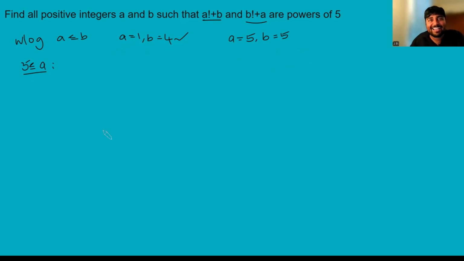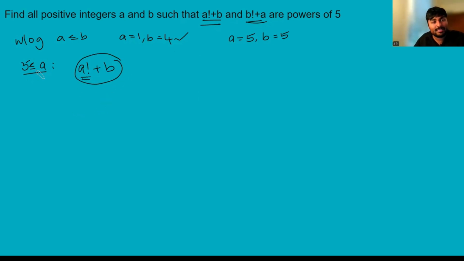Anyway, what happens when a is at least 5? We can say that a factorial and b factorial are multiples of 5. Now, if we want these numbers to be powers of 5, they must certainly be multiples of 5 at the bare minimum. So if we look at, let's say, a factorial plus b, this whole thing has to be a multiple of 5.